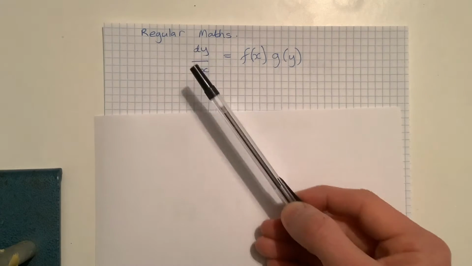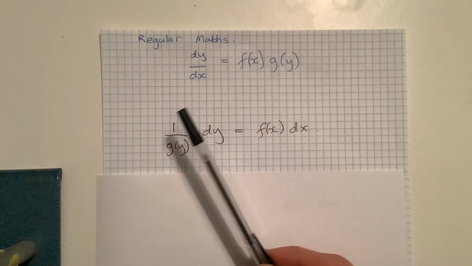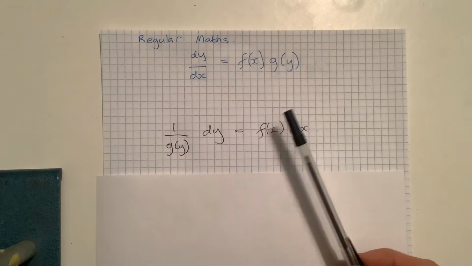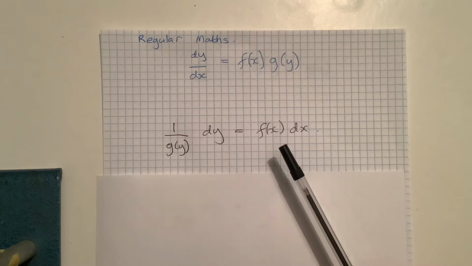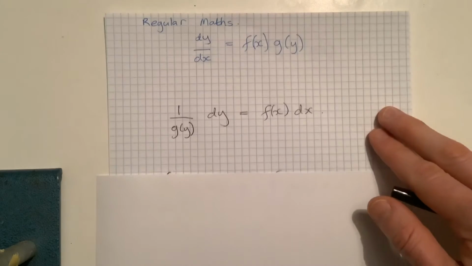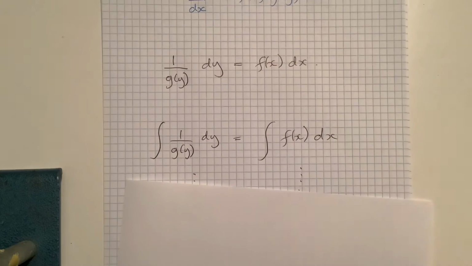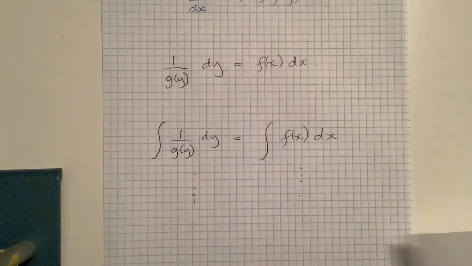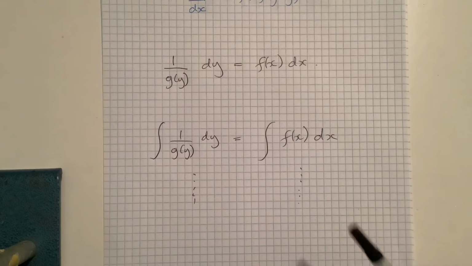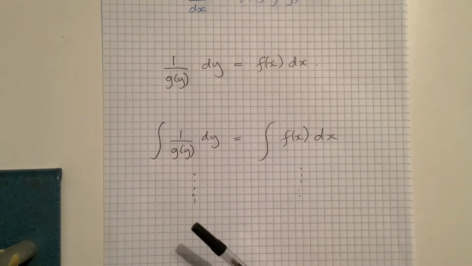So we have all of the y's together on the left-hand side like this, all of the x's together on the right-hand side like this, and that then meant that we could integrate both sides, and depending on each of the functions, it was relatively easy then to integrate both sides and finish the question off.